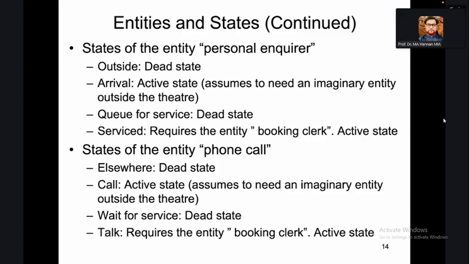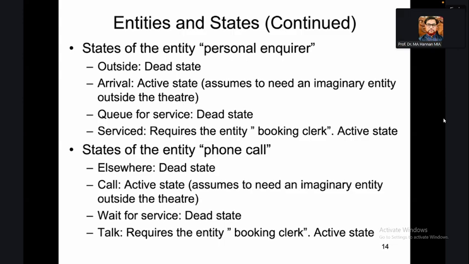Again, either he was busy with his official job, he is a student or busy with his assignment or study, busy with family work activity, we don't care. He might be in an active state of another system, but not the booking system. Okay, so he was outside elsewhere before he started calling or phoning the theater, that is called dead state.